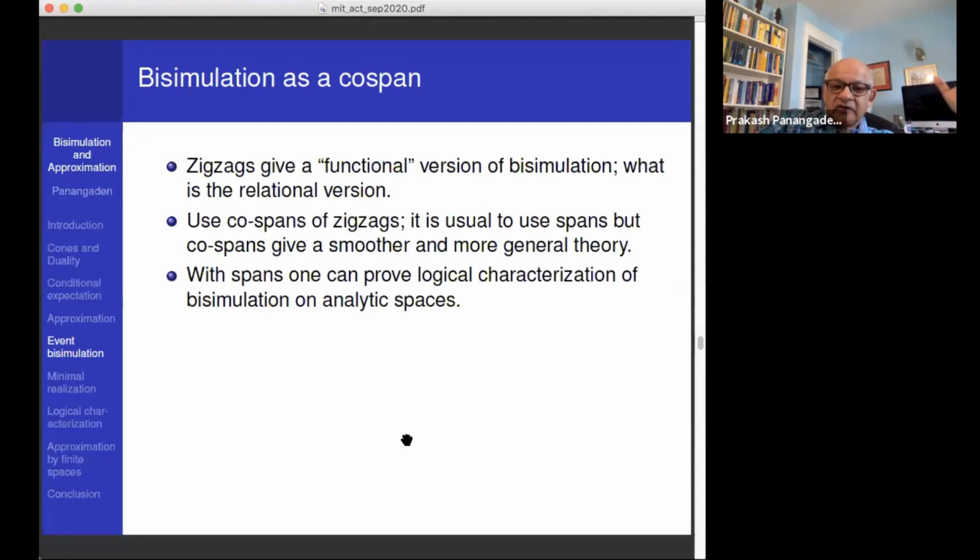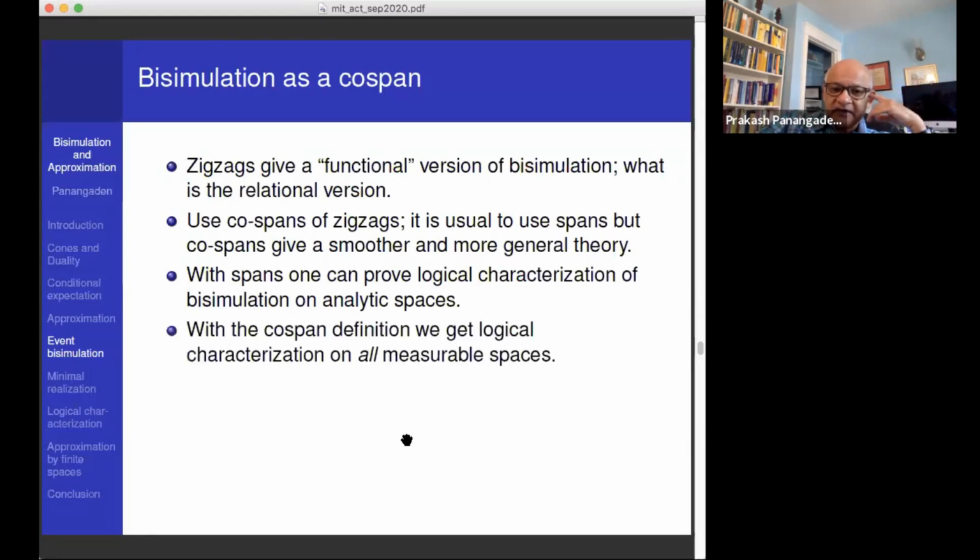Now, if you define bisimulation in terms of spans of these zigzag morphisms, you can prove what's called a logical characterization theorem, which I'll describe presently, but you'll need strong restrictions on the kind of spaces to which it works. They have to be analytic spaces. But with the cospan definition, we will get a logical characterization theorem that works on all measurable spaces. And you can ask, so why do people use spans instead of cospans? Well, on analytic spaces, the two concepts coincide.